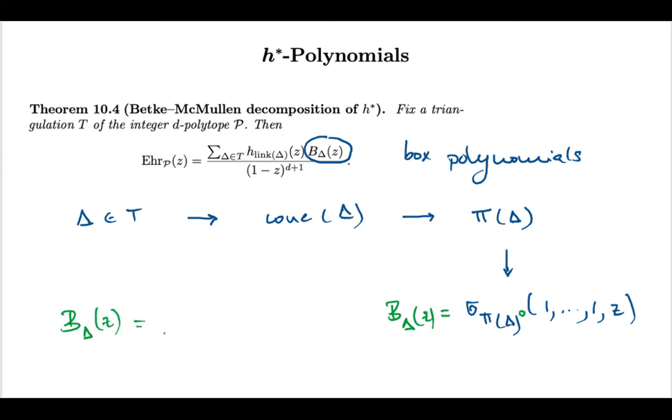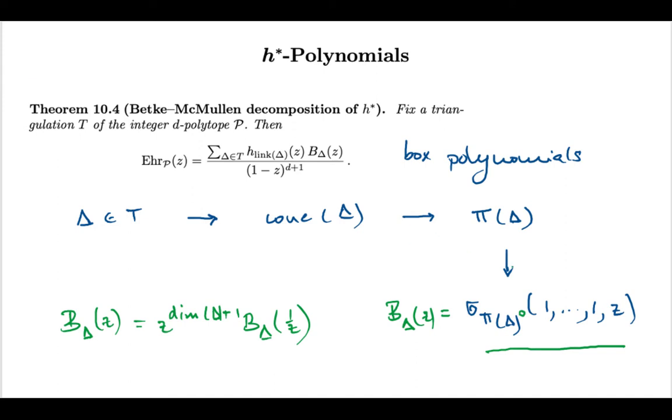Namely, I claim if I think of them as polynomials of degree dimension of the simplex plus 1, then these box polynomials have symmetric coefficients. They're all palindromes. That's number 1. And number 2, because they come from an integer point transform, you can realize that they all have non-negative coefficients.